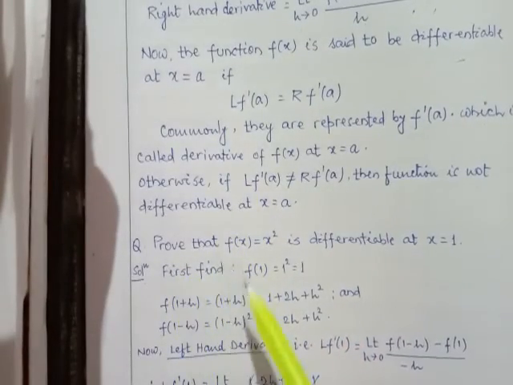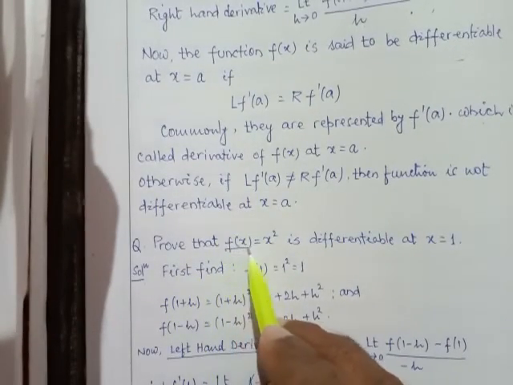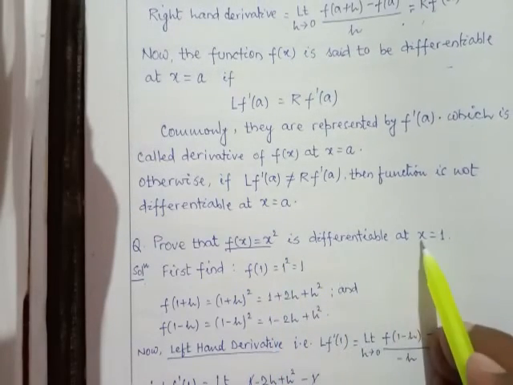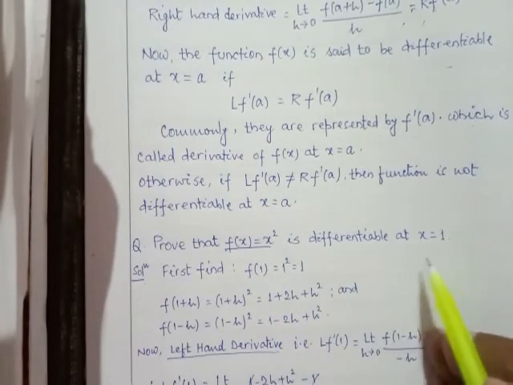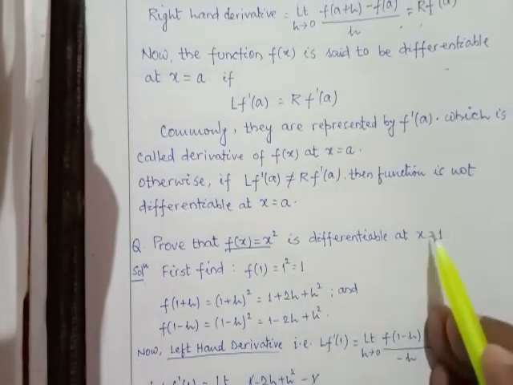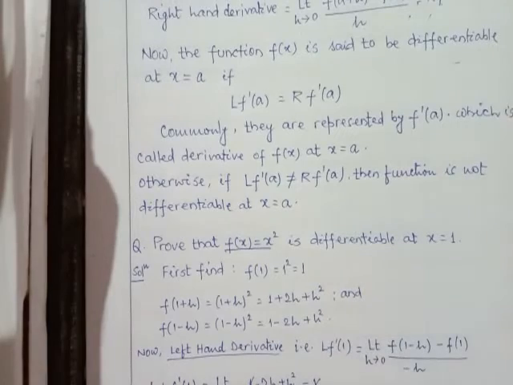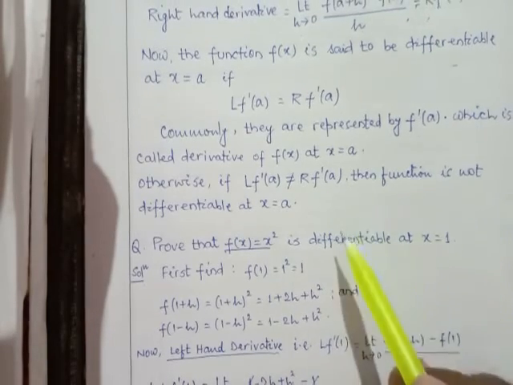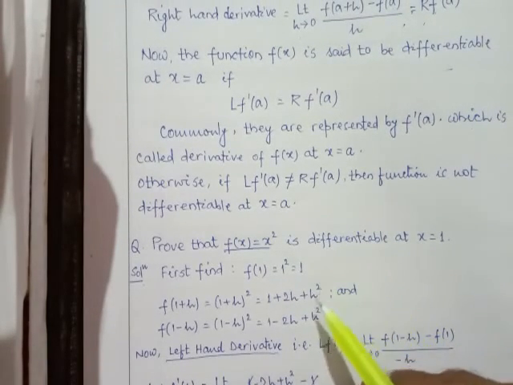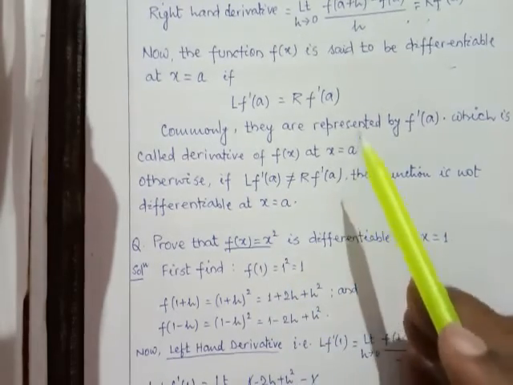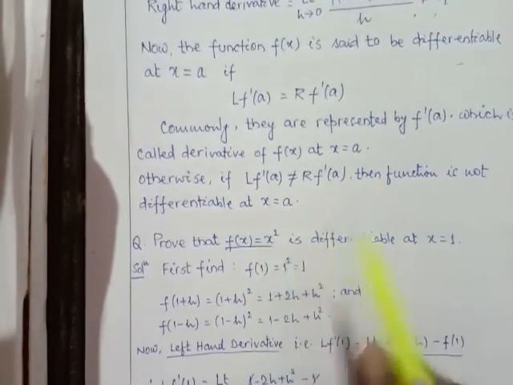Consider a problem. Prove that f(x) equals x square is differentiable at x equals 1. So at x equals 1, you have to check whether the function is differentiable or not. For verifying the differentiability, we require three terms.